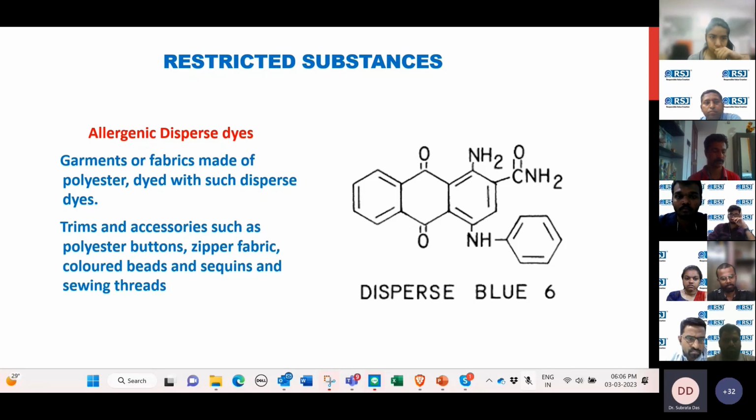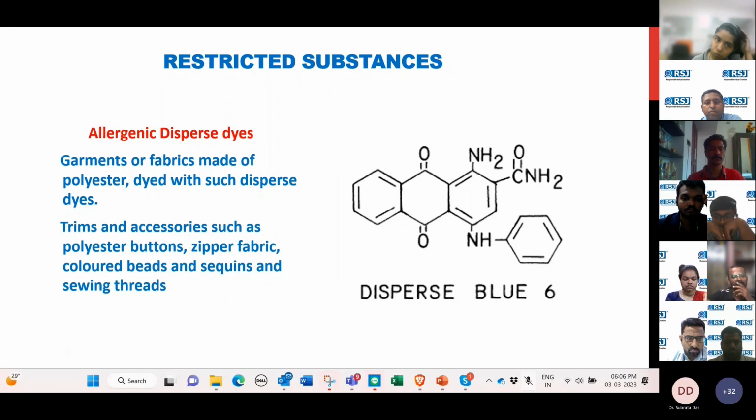But in the local market, such colors are still available. Trims and accessories, such as polyester buttons, zipper fabric, colored beads, sequins, and sewing threads, are also dyed with dyestuffs like Disperse Blue 6. But it is banned because it comes under the allergenic disperse dye category.